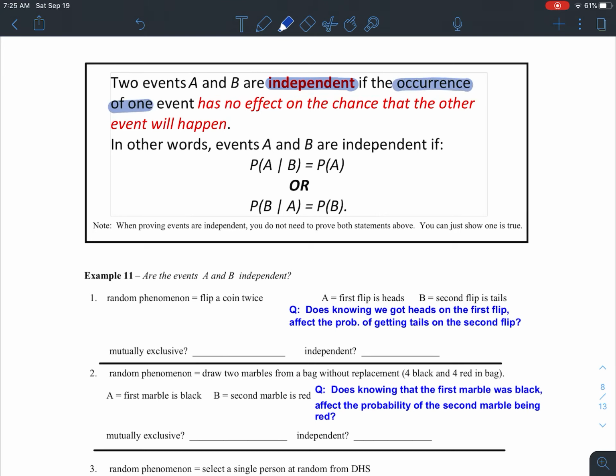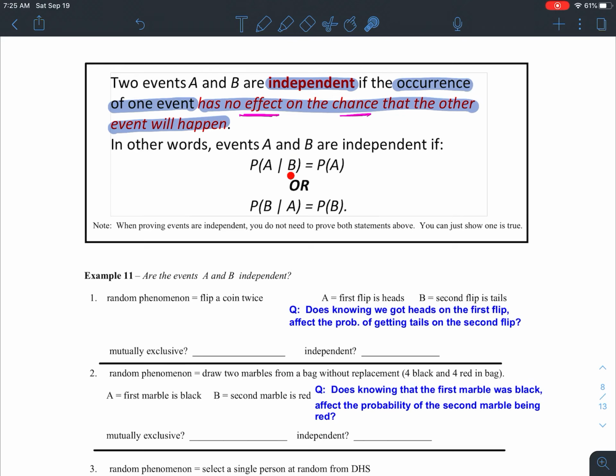Okay, two events are independent. So we're going to say if events A and B are independent, this means that the occurrence of one of those events has absolutely no effect on the likelihood of the other event occurring.